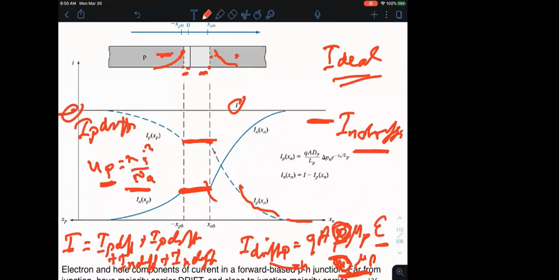So what I have is electron drift current of the majority carriers being fed towards the junction. As they go across this barrier in the depletion region, they become minority carrier electrons. So they now change to minority carrier diffusion current, which dies down exponentially with distance. And as it dies down, it's made up by the majority carrier hole drift current, so that the total current always is equal to the I throughout the structure.